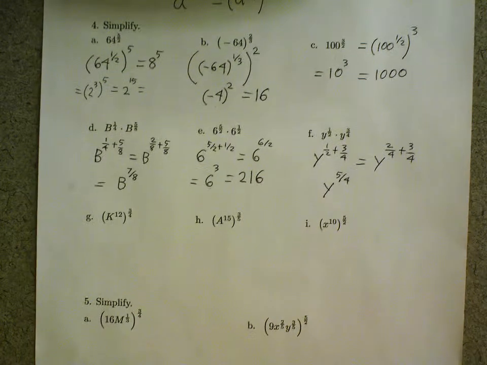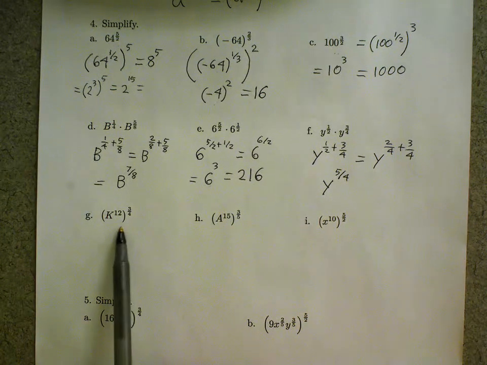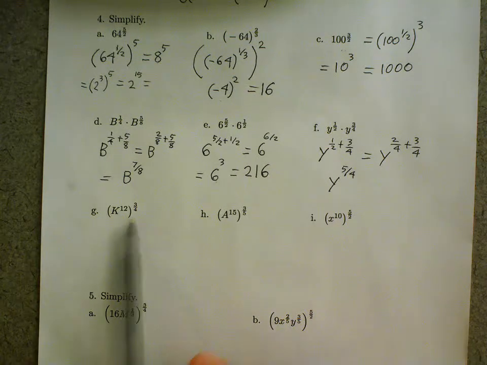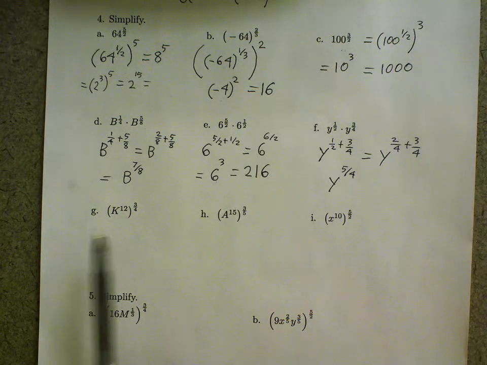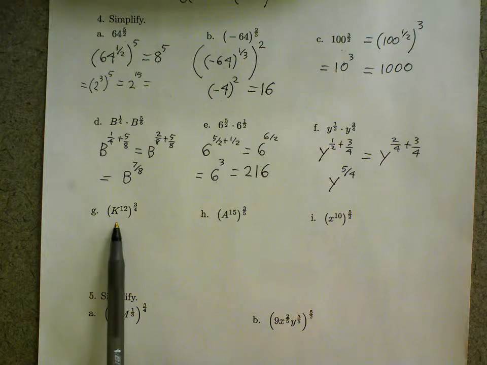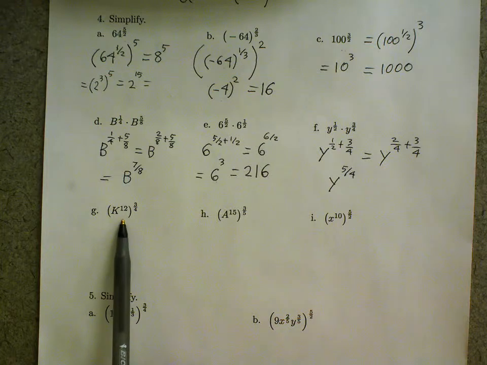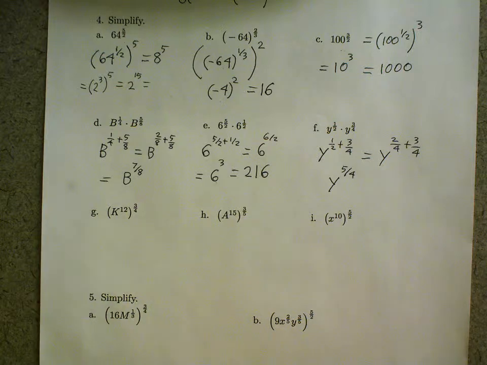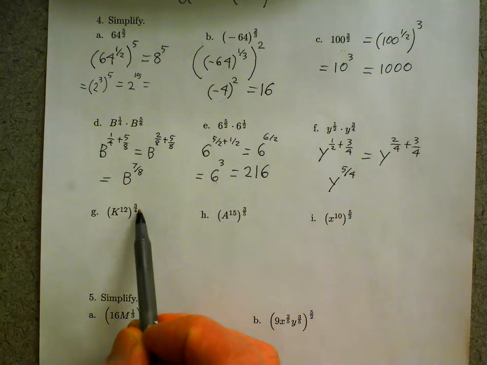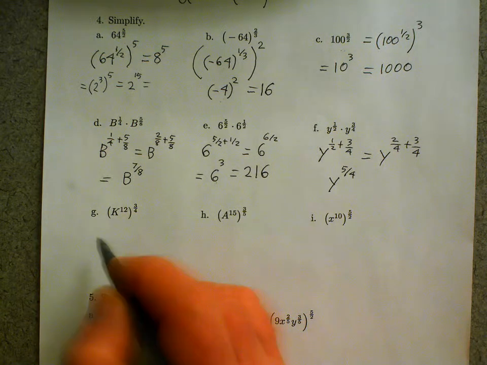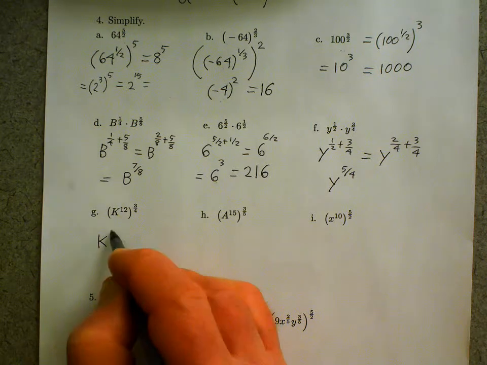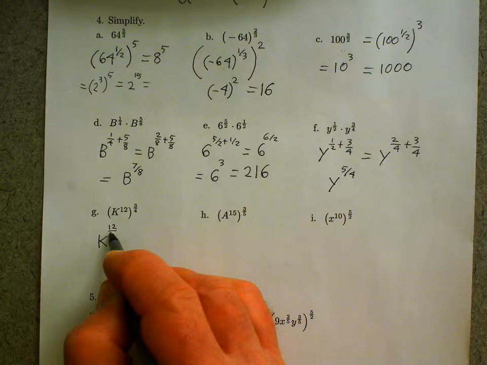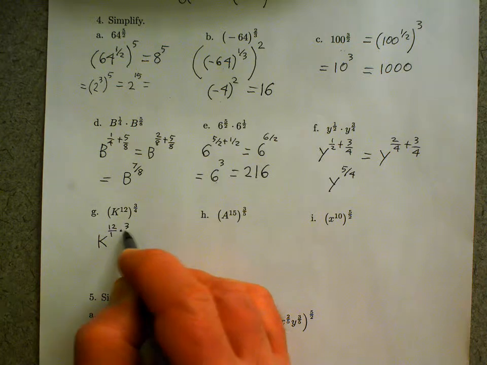Okay, in the next row, we have a different property of exponents to apply on this one, but we've applied it a few times already. k to the 12th raised to the 3/4. So this time we're going to multiply the exponents, and we get k to the, you can think of 12 as 12 over 1 multiplied by 3/4.